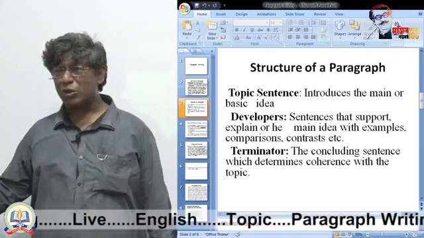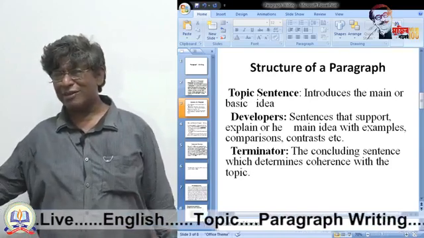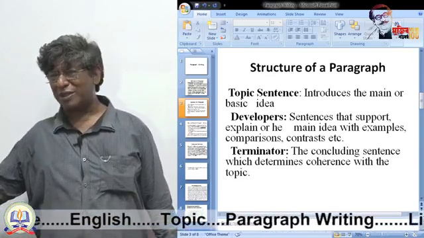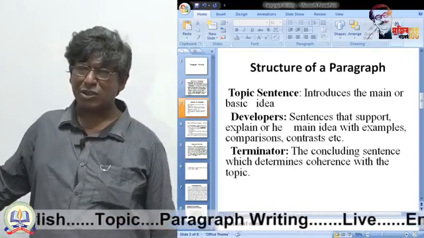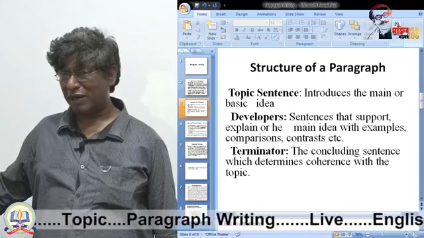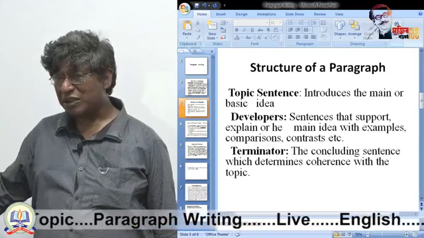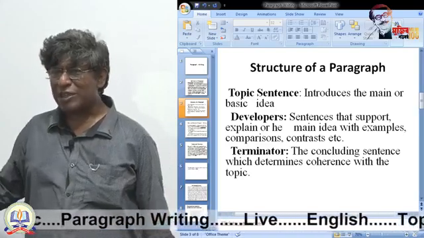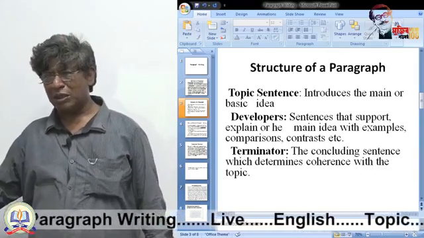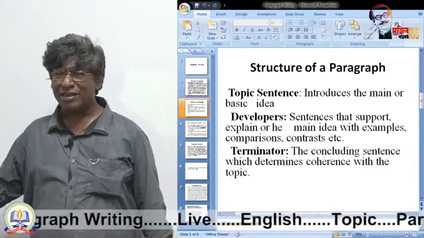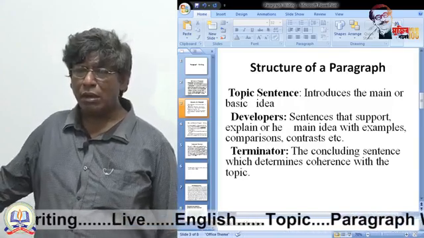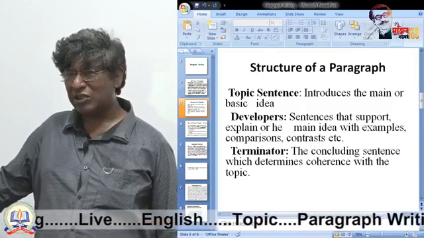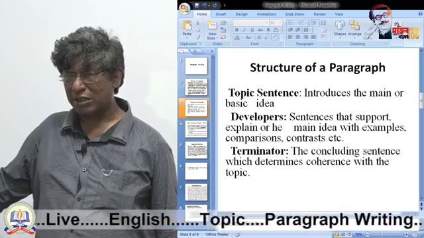The function of the topic sentence is to introduce the main or basic idea, and the topic sentence is very important for a formal paragraph, because in the topic sentence the writer expresses his views, his attitudes and his concepts on the idea he or she is going to write.